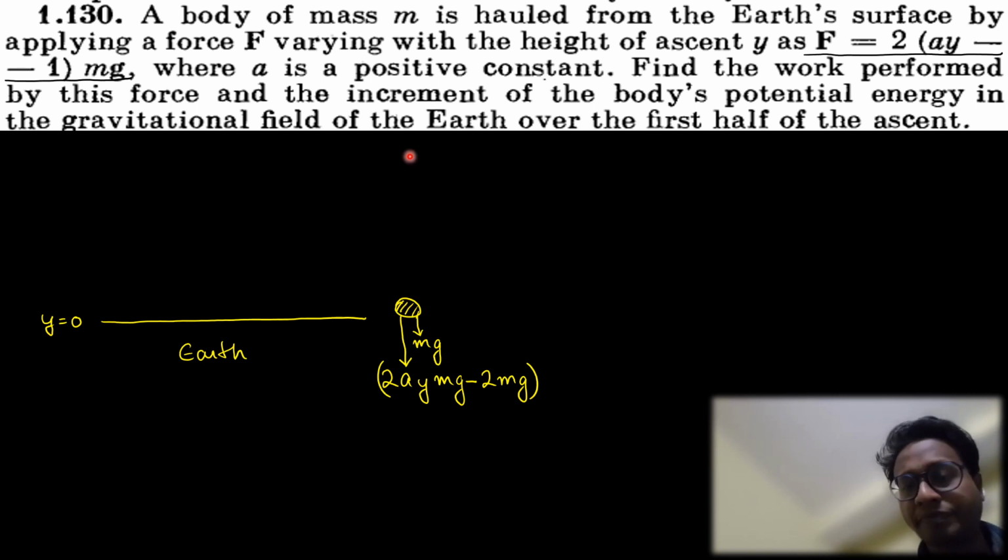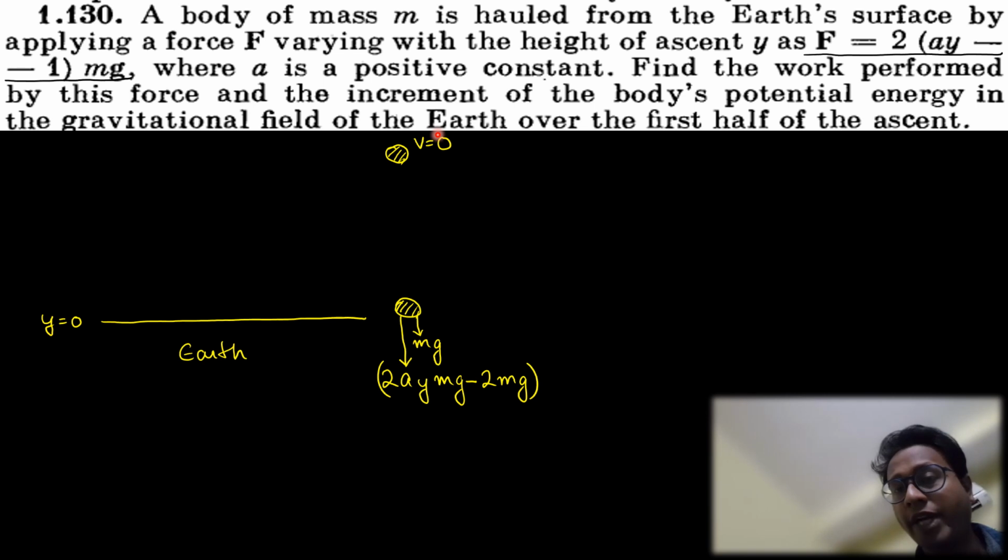At highest point, what is the condition? At highest point, the condition is velocity is equal to 0. Suppose any projectile motion or any motion, what is the maximum height? For maximum height, the velocity is equal to 0 at maximum height. That is the necessary condition.